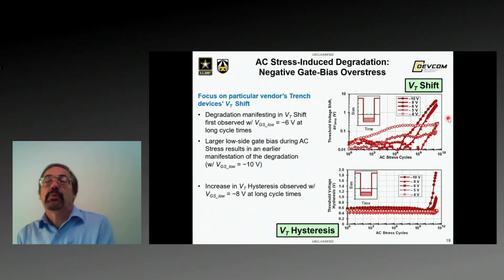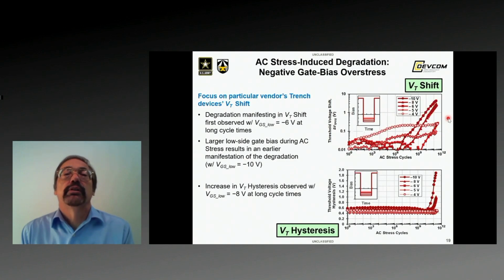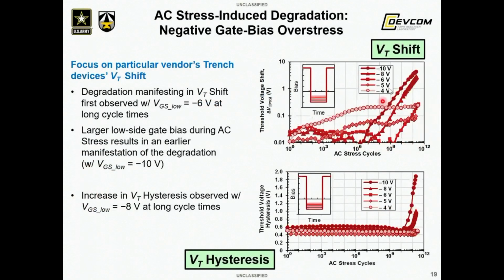So now I'm gonna focus on the effect of negative gate bias overstress and variation on the low side during the AC stress. And what we see here, looking at the VT shift, is that there's a small effect at -6 volts, and it's larger at -8, and we see the largest effect at -10.